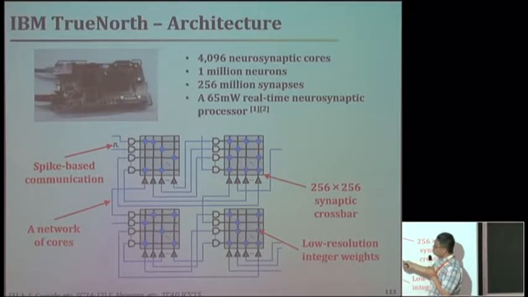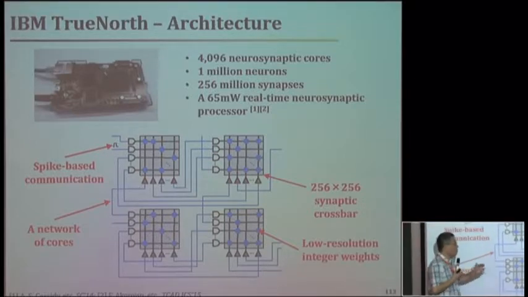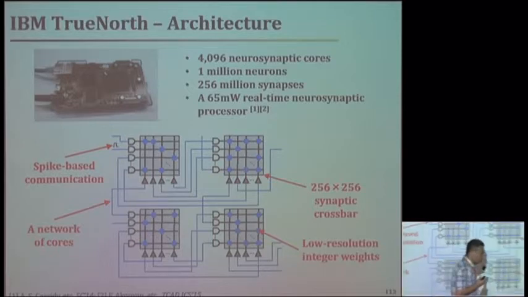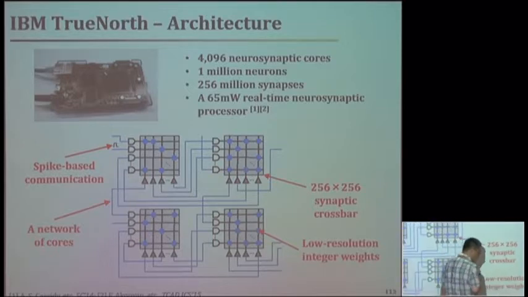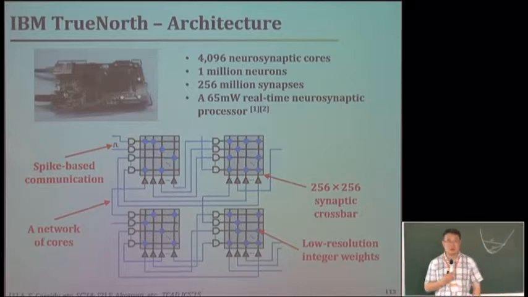Each of them has 128 input neurons and 128 output neurons. And they have a technique called the crossbar, like this, so that all the input neurons are connected to all the output neurons.